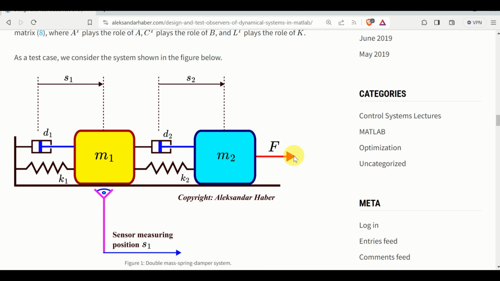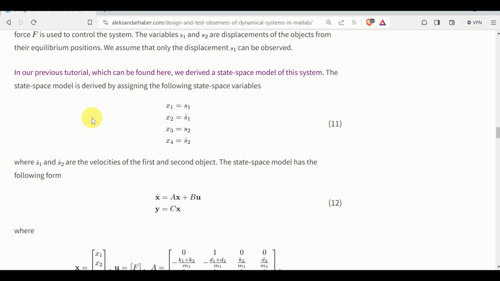There is an external force F that's used to control the system. The variables S1 and S2 are displacements of the corresponding objects from their equilibrium positions. We assume that only the displacement S1 can be observed. That is, we assume that there is a sensor over here that measures the displacement of the first object.